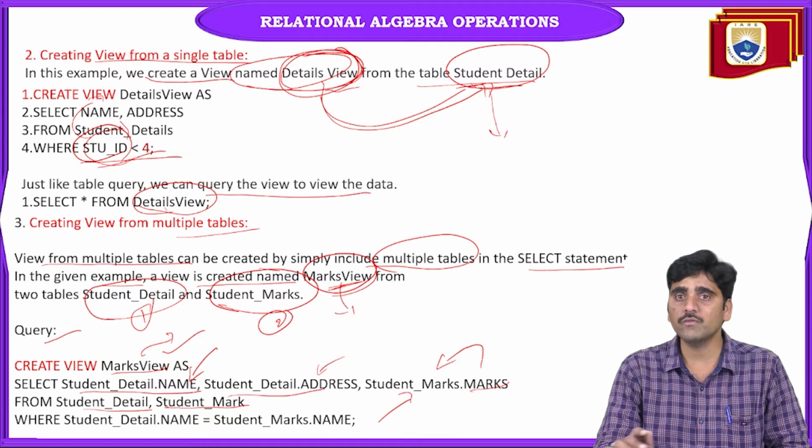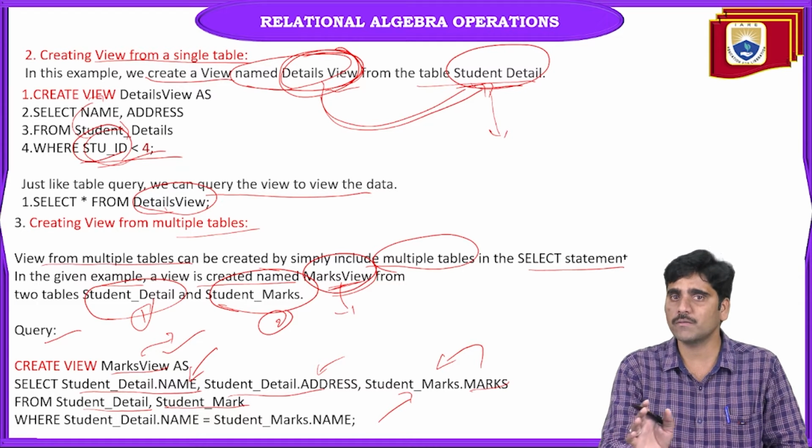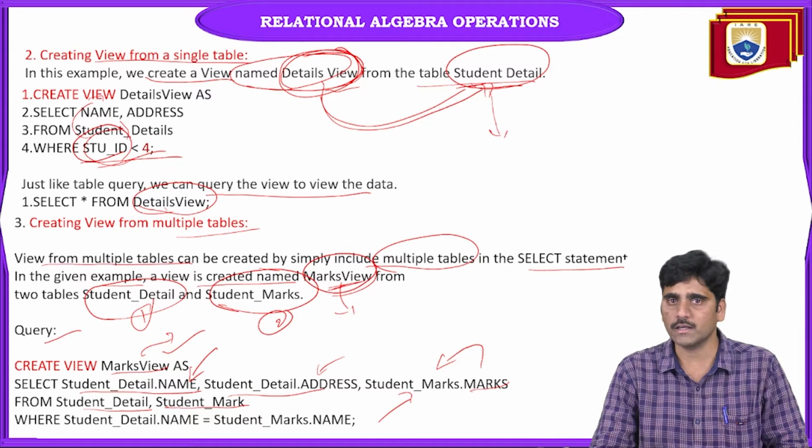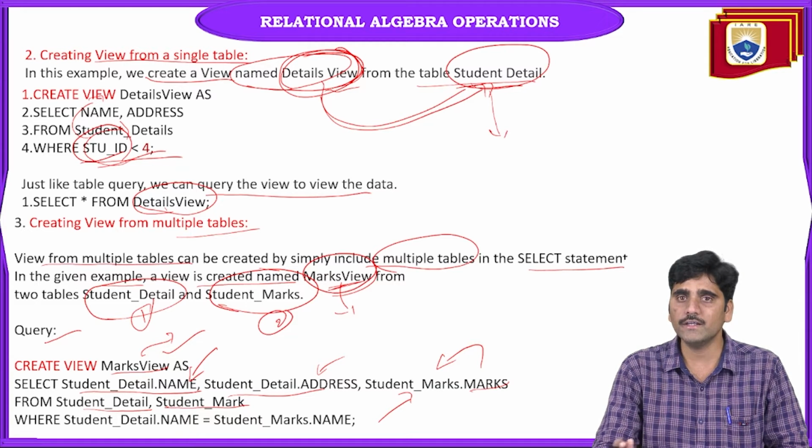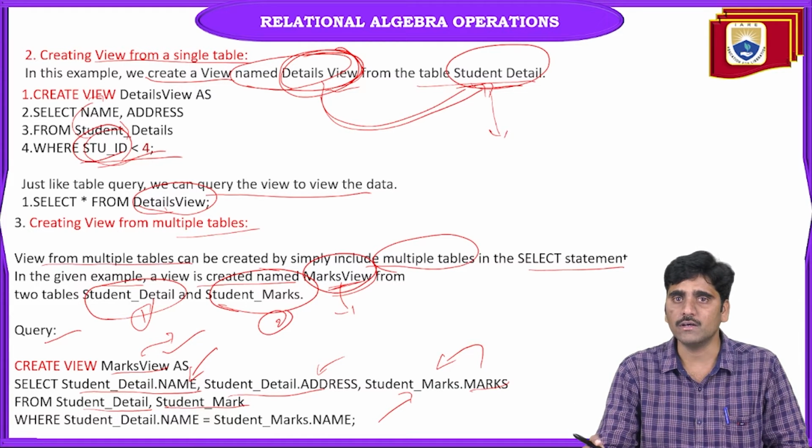So we have to mention the fields from the first table and also the fields from the second table. After mentioning the fields from the two tables, you give the condition that the common field from those two tables is to be matched. So once those two fields match up, then a view is going to be created.